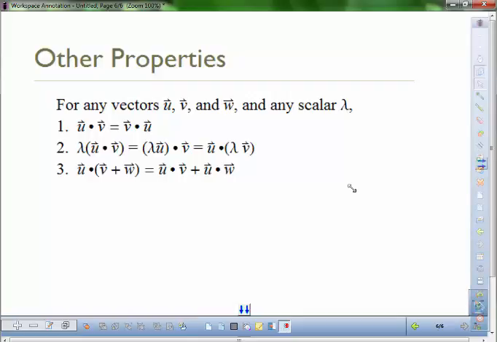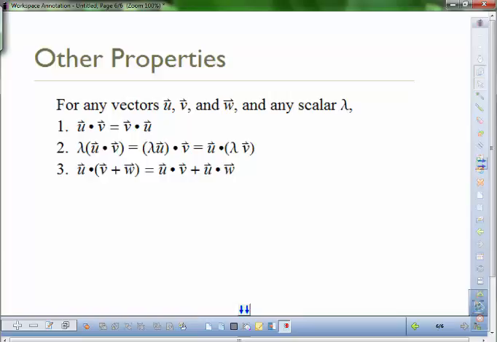So for any two vectors, it turns out that the dot product is commutative. When you switch the order of the dot, it still will give you the same answer. The dot product is distributive down below, or that particular product with the adding of two vectors is distributive. And then this one is interesting.